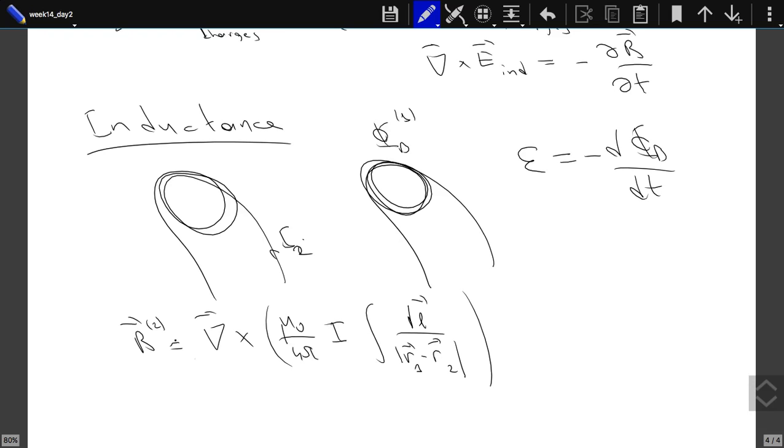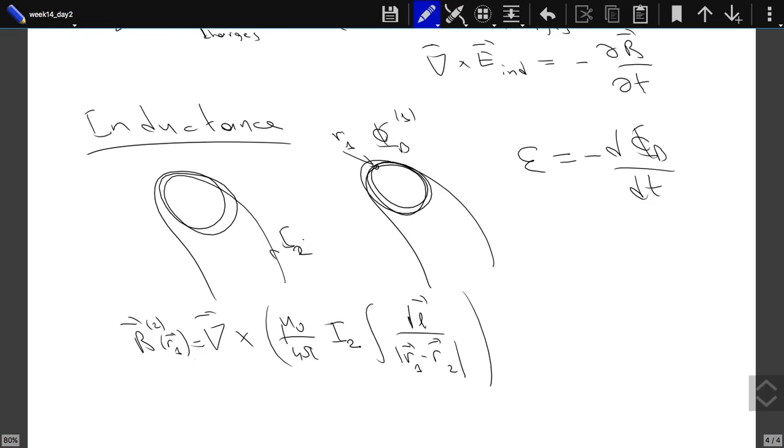So this is the B at the point R1. R1 is some point over here. I'm basically calculating the magnetic field at the point R1 in this right-hand loop, which will be equal to the curl of the A created by the left-hand loop. And that A is mu 0 over 4 pi times the current running around my wire times dl over the distance.